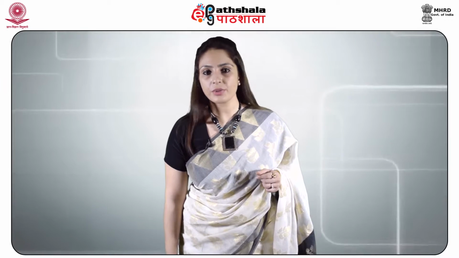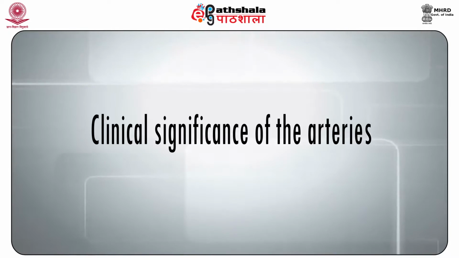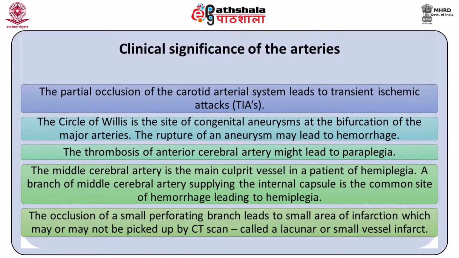Clinical significance of the arteries. First, the partial occlusion of the carotid arterial system leads to transient ischemic attacks, TIAs. Second, the circle of Willis is the site of congenital aneurysms at the bifurcation of the major arteries.